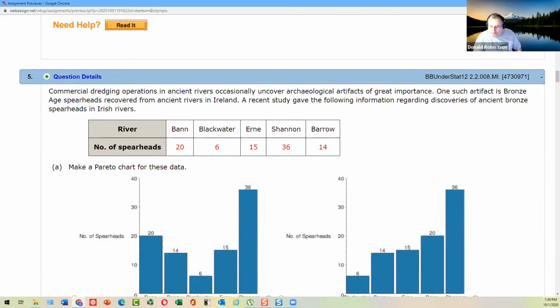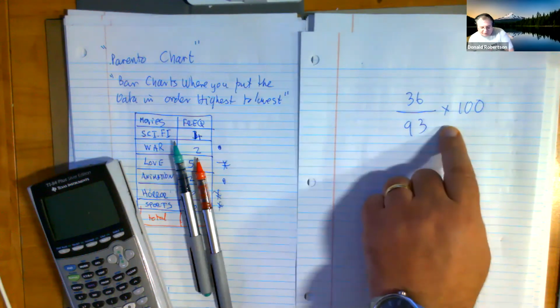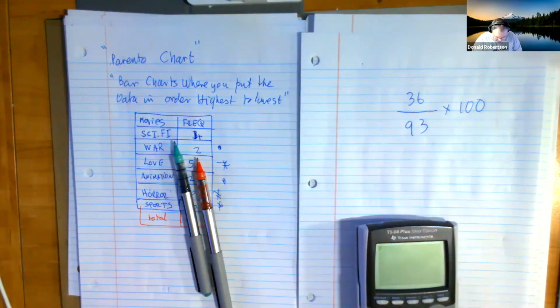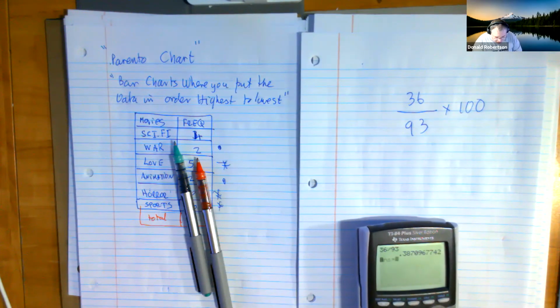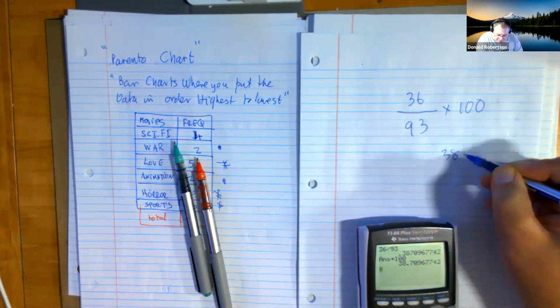So let me nip out and in and show you my calculation. What I'm doing right now is just for the Shannon River, and it was 36 out of 93 times 100. And on my calculator, 36 divided by 93 is that, times 100, and it looks like it's about 38.7%.